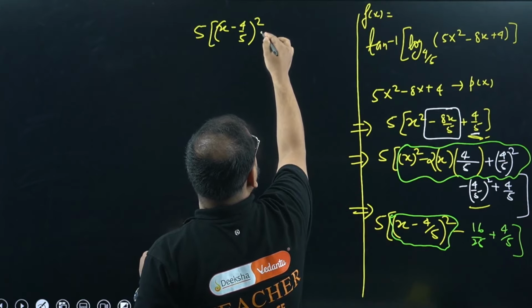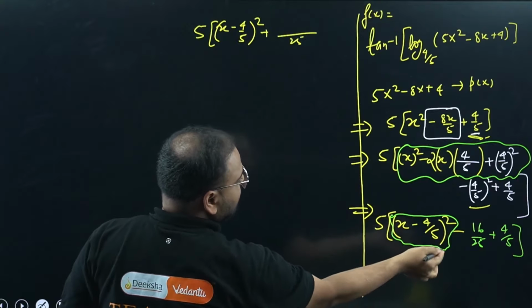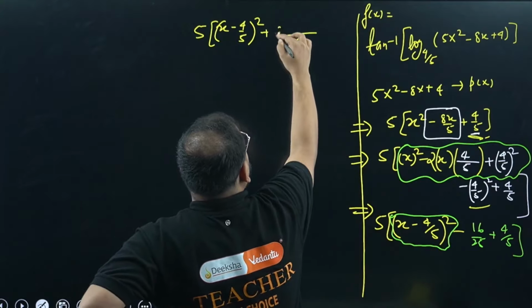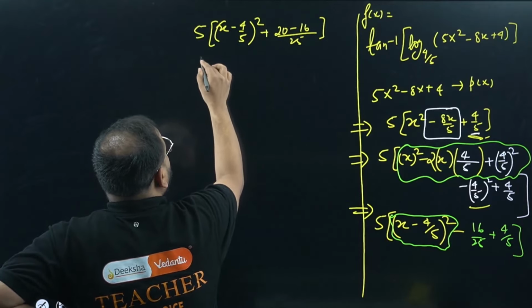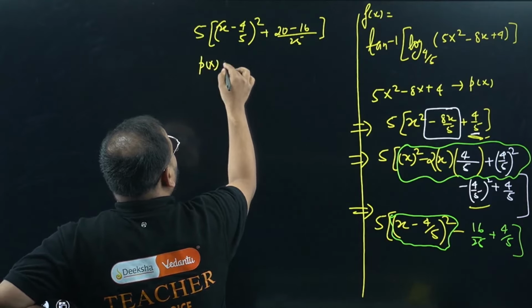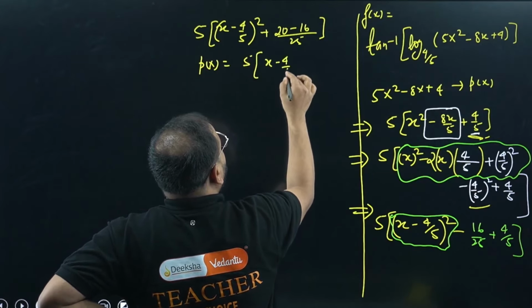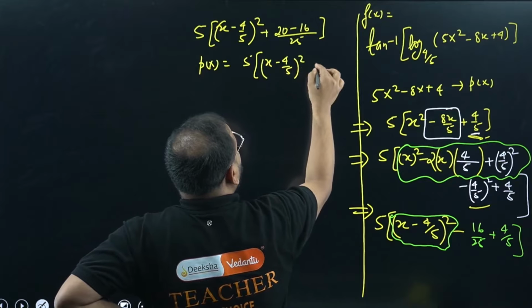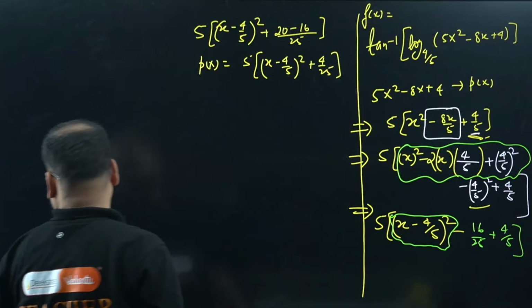LCM would be 25. So 4 by 5 becomes 20 by 25, and minus 16. So how much am I getting? This is my px only, right? So my px is coming as 5 times (x minus 4 by 5) the whole square plus 4 by 25. I hope you can see this.